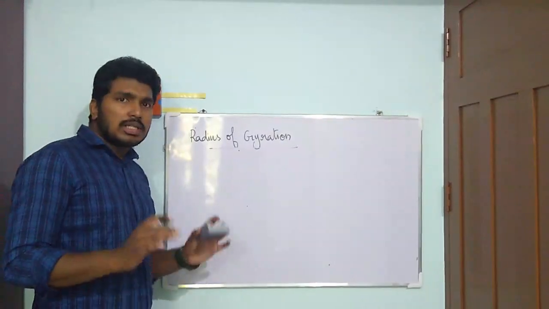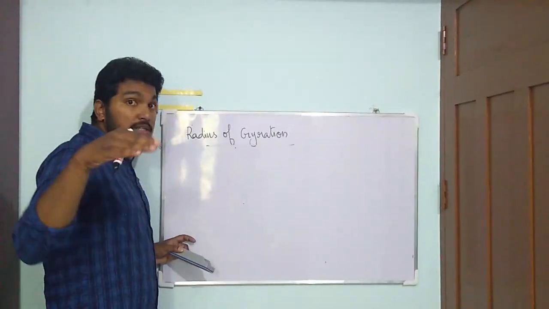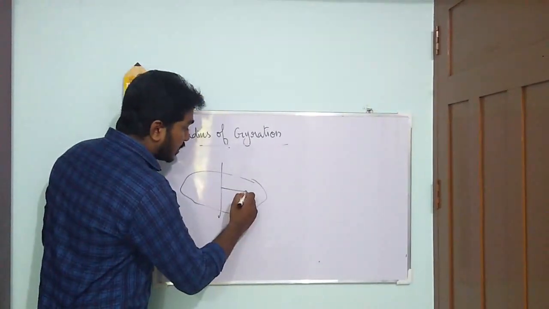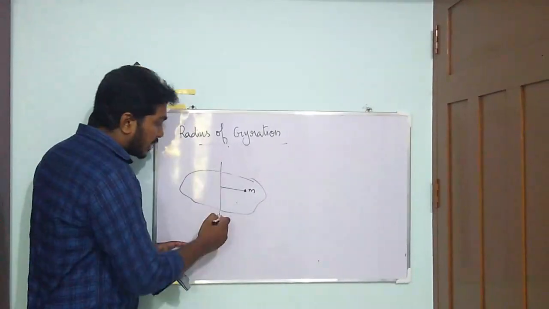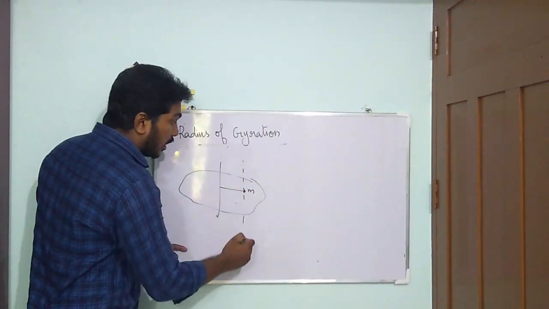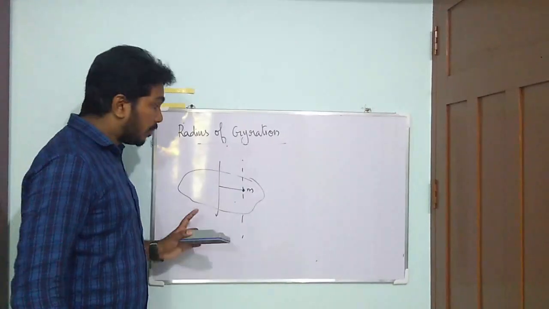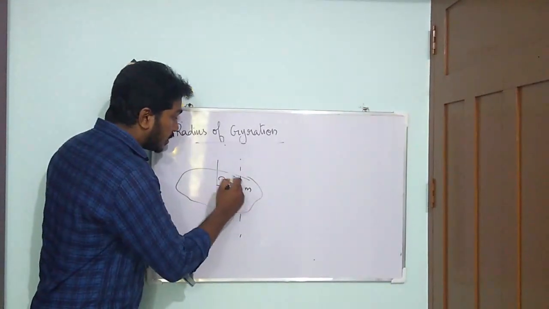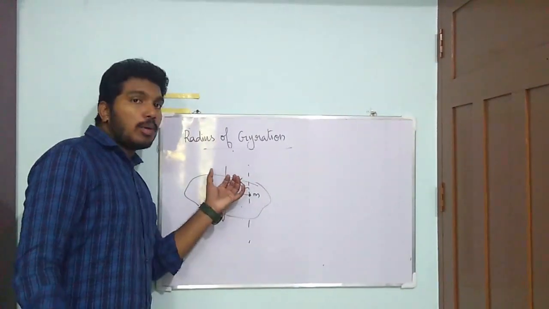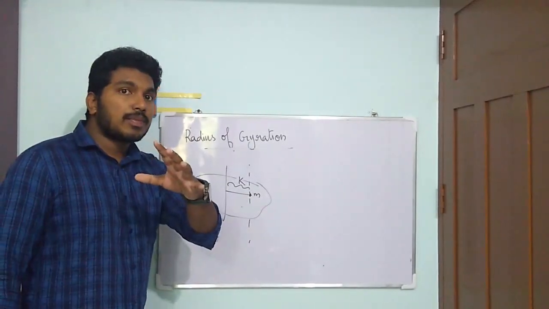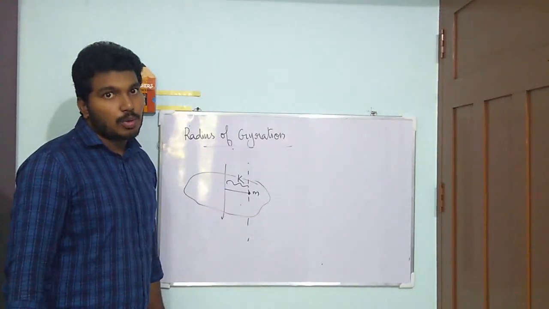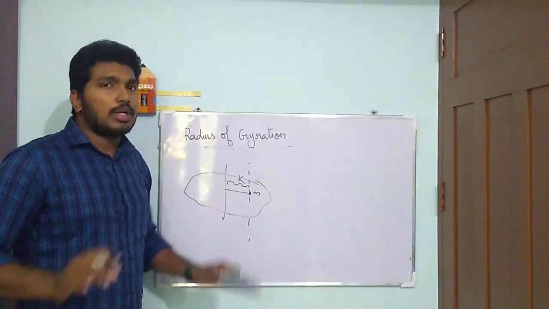Radius of gyration is actually a perpendicular distance of a point from the axis of rotation, where if you take the moment of inertia, we will get a value which is the same as the moment of inertia for a distribution of mass. It's a complex definition, but you don't have to worry about it.